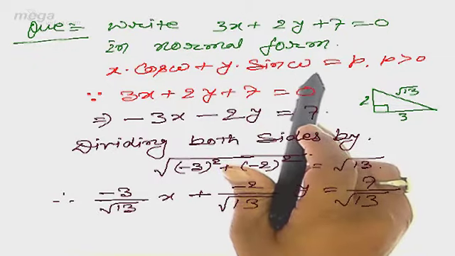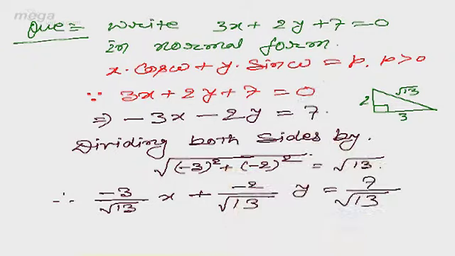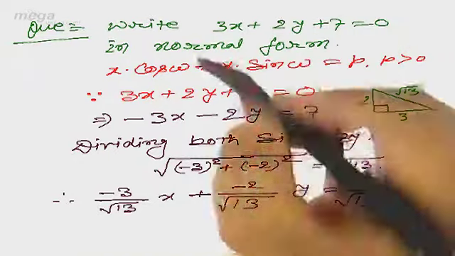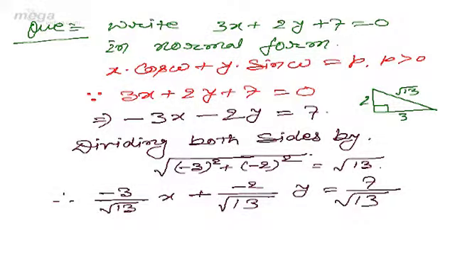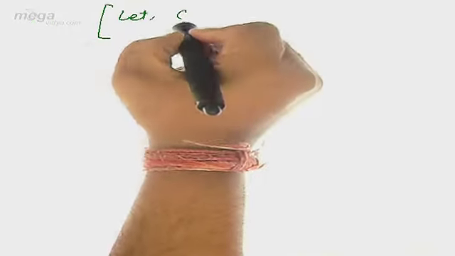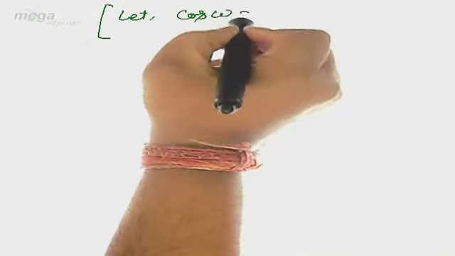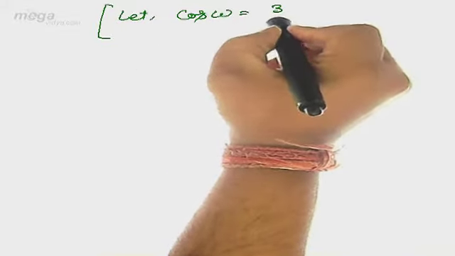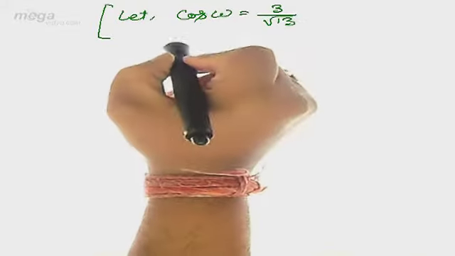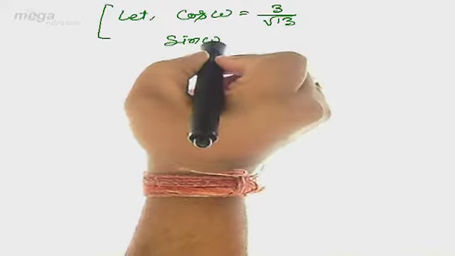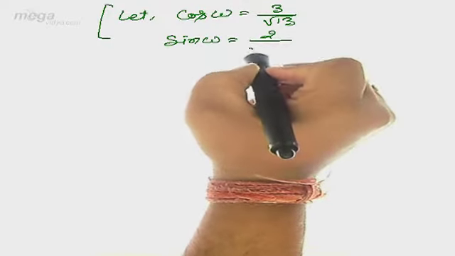So minus 3 by root 13, we don't know at which angle it becomes the value of cos and at which angle it becomes the value of sine. So we will consider here, let cos omega be equal to 3 by root 13 without the sign, and sine omega we will consider here 2 by root 13.